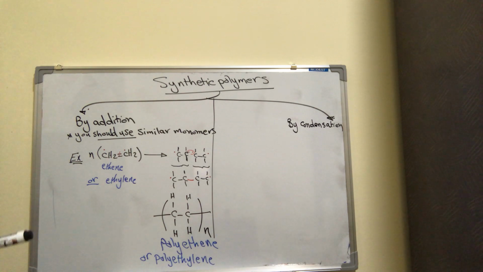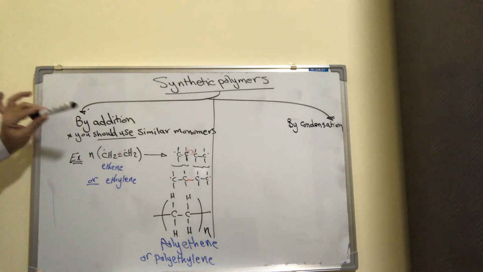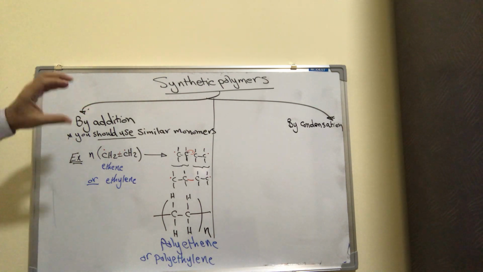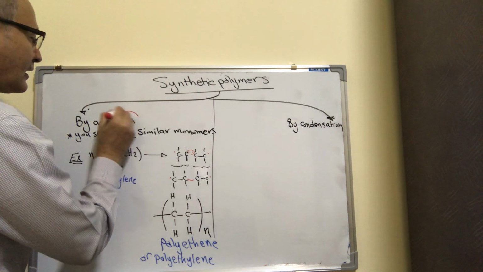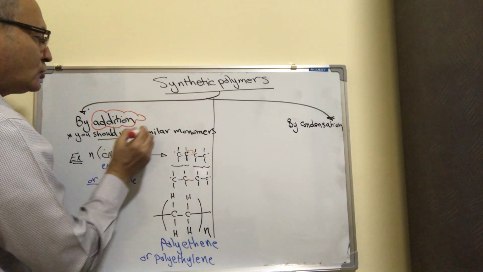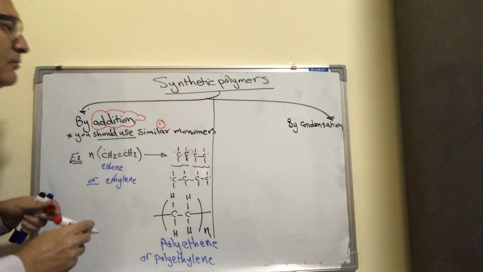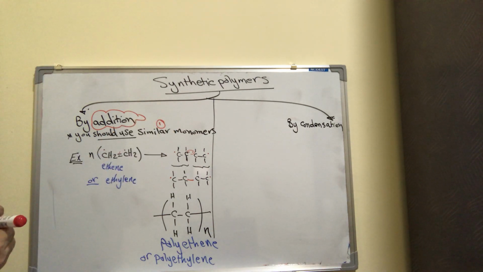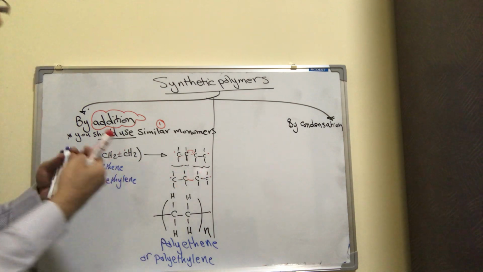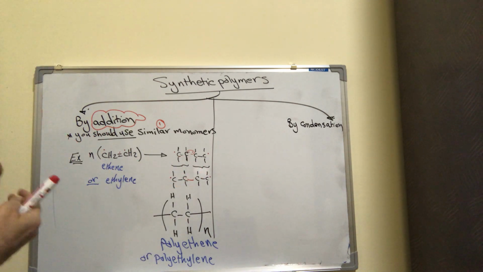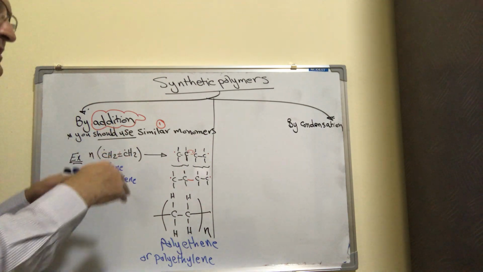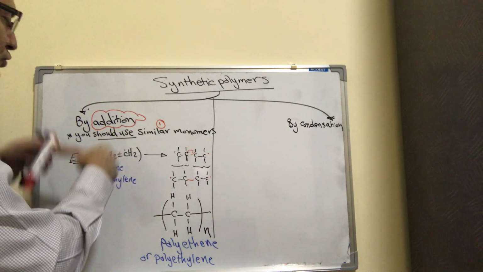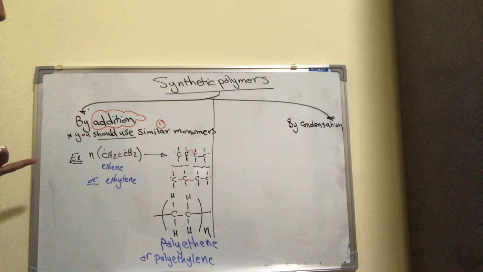Look carefully here for the conditions that should be available for the reaction by addition. First of all, you should use similar monomers. The second thing is, it is an addition reaction. Addition reaction means that there should be a double bond to break down, and this will allow the monomer to add to another monomer from both sides.